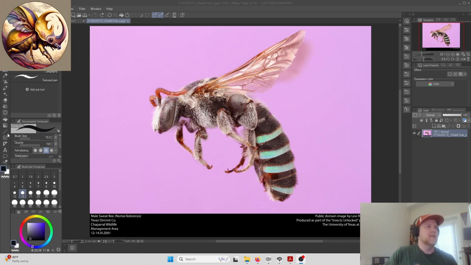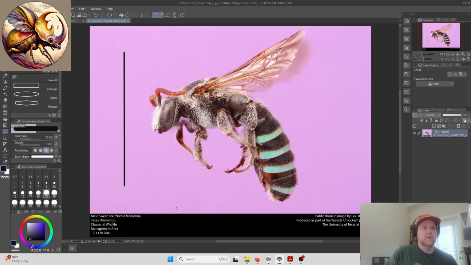So if you look at this bee here, we have a couple different directions. We have this up-down direction, this left-right direction. And as far as left-right, it is customary that insects, when they're pinned or photographed, should be with their head facing to the left.